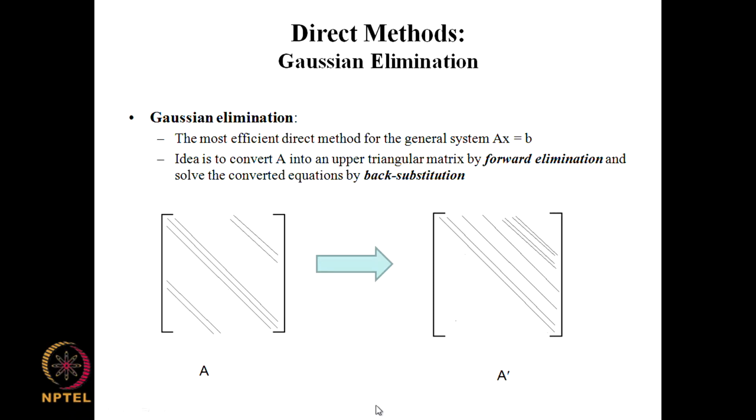So you go to the last one and solve it directly: xn equal to bn by ann. If you come to the next row, it is an equation which contains this non-zero diagonal element and the next one, that is a(n minus 1)(n minus 1) x(n minus 1) plus a(n minus 1)n xn equal to b(n minus 1).